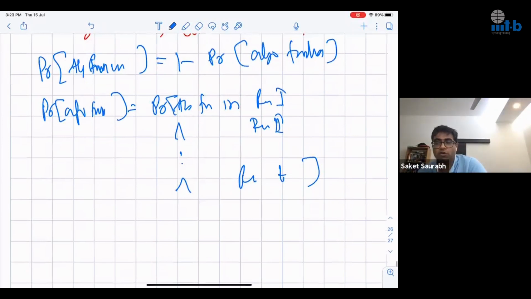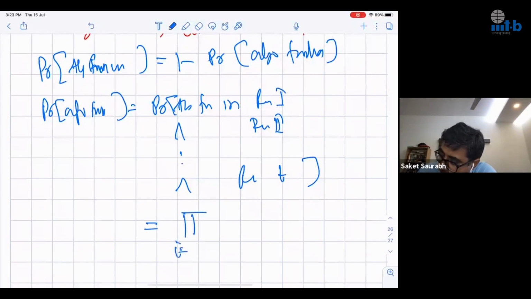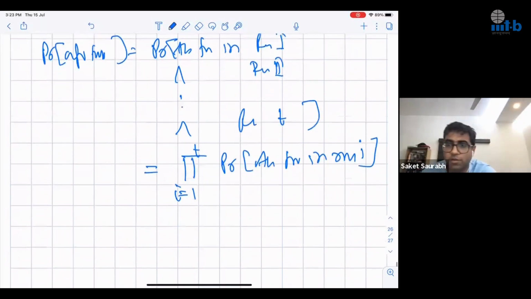But look, these algorithms are run independently. If I think of the success or failure as random variables, then in each round the random coins that I use are different, independent. So because of the independence of these rounds, this is the product over i equal to 1 to the number of rounds of the probability that the algorithm fails in round i.